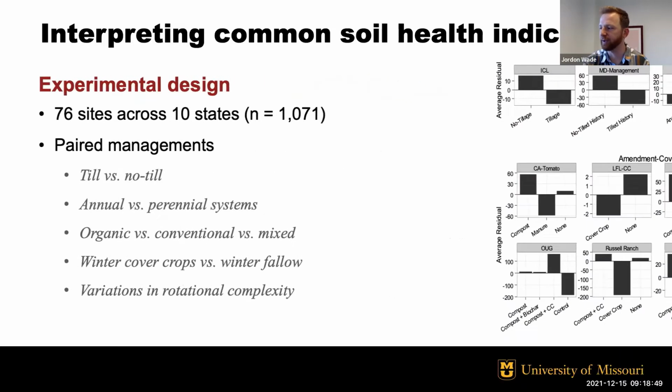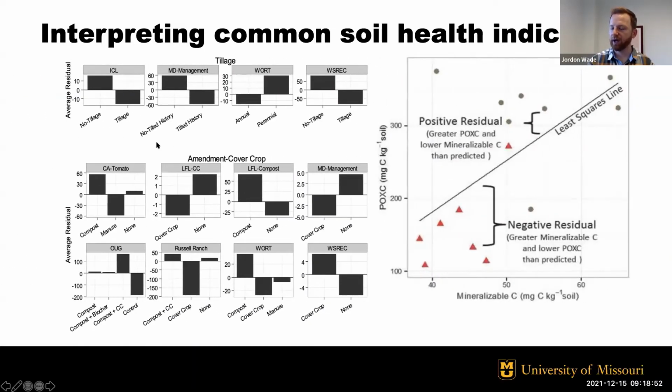Now, this relationship is that when we graph these two things against one another, those managements that were stabilizing organic matter tended to have greater values of permanganate oxidizable carbon.